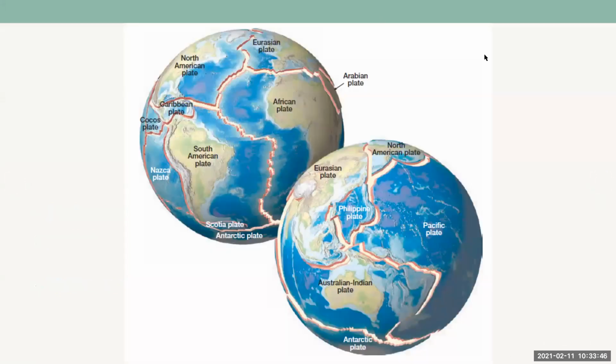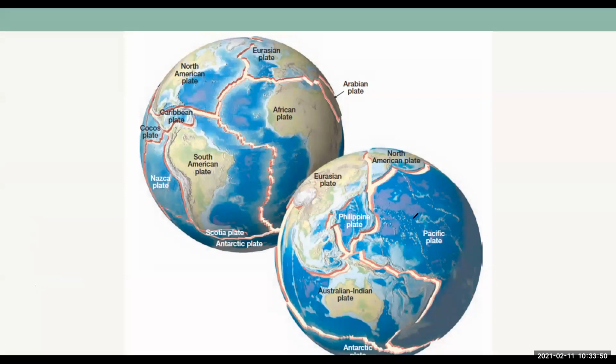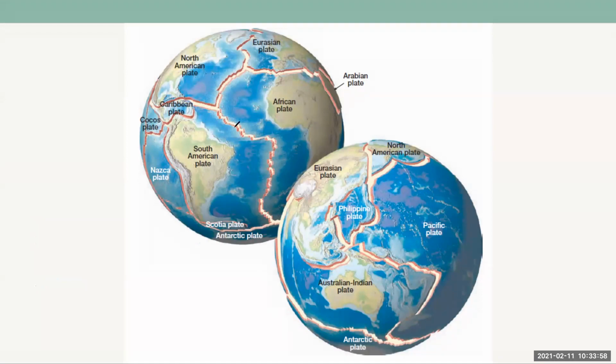So kung titingnan natin dito, ito yung mga plates na tinutukoy natin. So yung lithosphere daw natin, it is divided into several segments called plates. Diba? Ito yung mga tinatawag nating tectonic plates. Okay? So, these tectonic plates, sa ilalim nila, yun yung asthenosphere, which is fluid in nature. It's flowing. Okay? Moving siya.